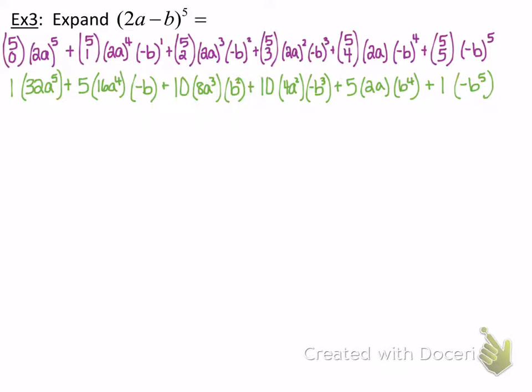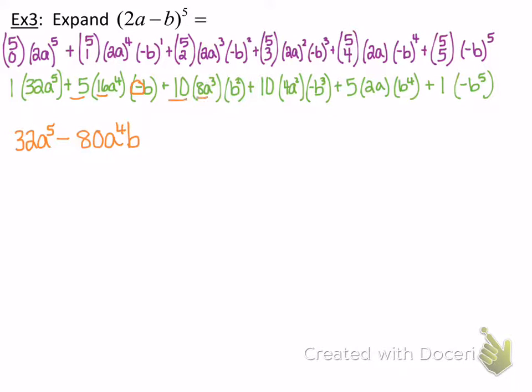So the first term stays 32a to the fifth, plus 5 times 16 gives me 80. However, we also have negative 1. So this plus sign I'm going to get rid of, and it's actually going to become minus. So minus 80a to the fourth b.